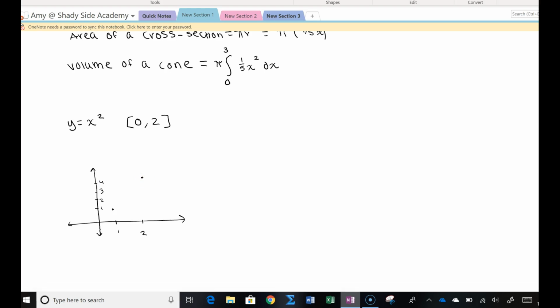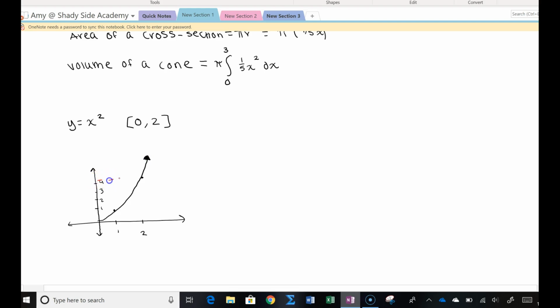Then you're going to see this symbol a lot, everyone. It's like a curved arrow over an axis. When you see this symbol, what they're asking you to do is revolve about that axis, okay?